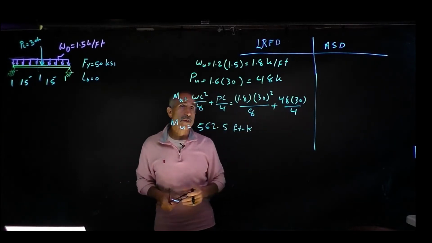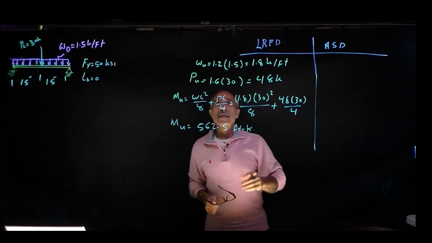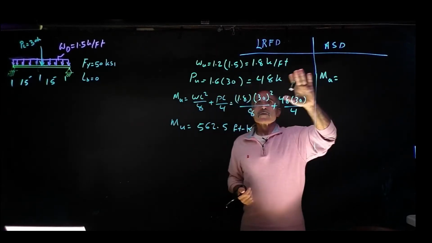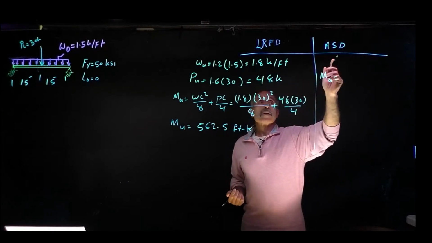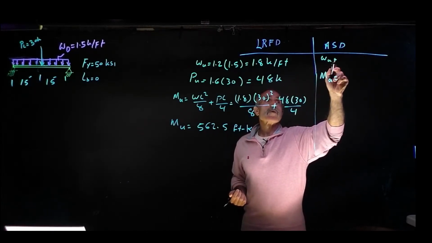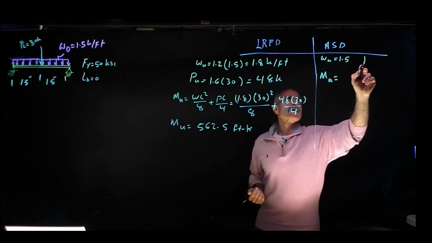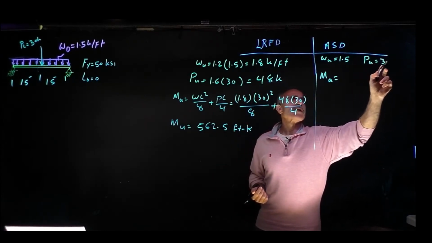Now we're going to move over to ASD. In ASD, you basically just combine both loads. You don't have to multiply by any factor. So your load is going to basically be Wa, which is 1.5, and Pa, which is 30.